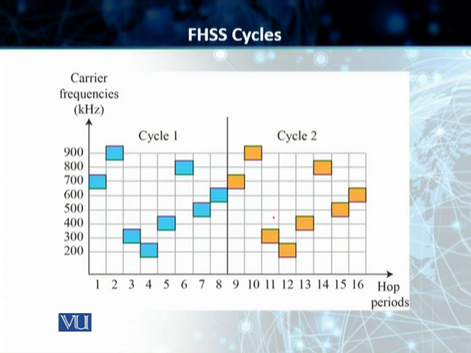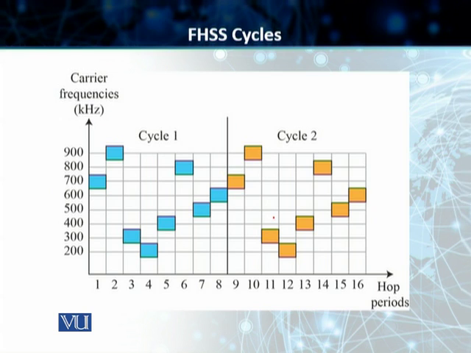Students, in this particular case, you have the concept of FHSS, or frequency hopping spread spectrum, cycles. If you can concentrate, we have some carrier frequencies on the y-axis, and some hop periods on the x-axis. If we represent the number of hopping frequencies on the y-axis by capital M, we can multiplex M channels into 1 by using the same bandwidth B_FHSS, or frequency hopping bandwidth, and this is possible because a station uses just one frequency in each hopping period.